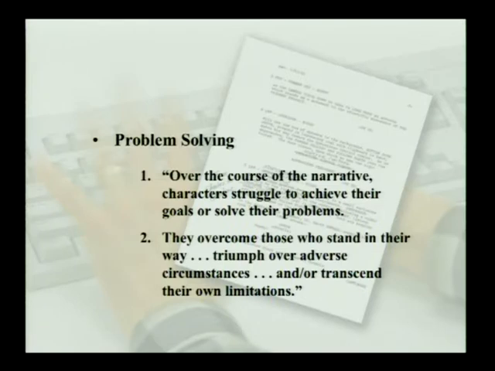Identify the problem and then do something to correct it. They overcome those who stand in their way. Those who stand in their way are the villains. They triumph over adverse circumstances, often things that are put in their way by the villains, and or transcend their own limitations.